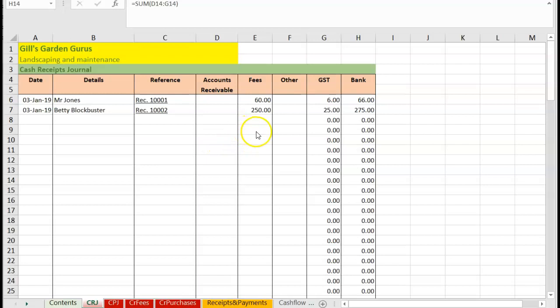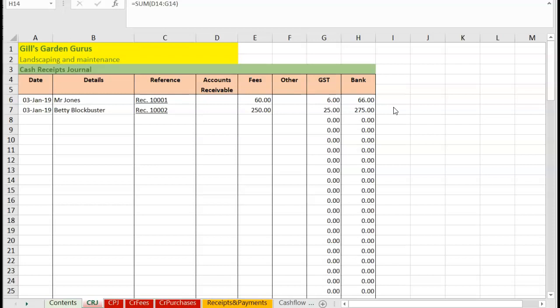So the amount we've got here, if we look at the first item on the 3rd of January for Mr. Jones, we've got fees of $60, we've got GST of $6, the amount that's gone into the bank is $66. The most important thing here to know is that GST is money that we collect on behalf of the government.